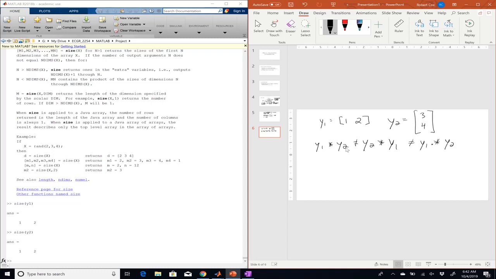Okay, so to understand this, I have to understand a little bit now about matrix operations. So let's do the first one here, y1 times y2. So I have 1, 2, and then y2 is 3, 4. If I do that operation, what happens is I take row times column.